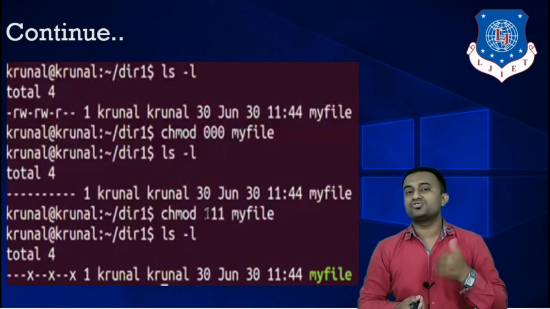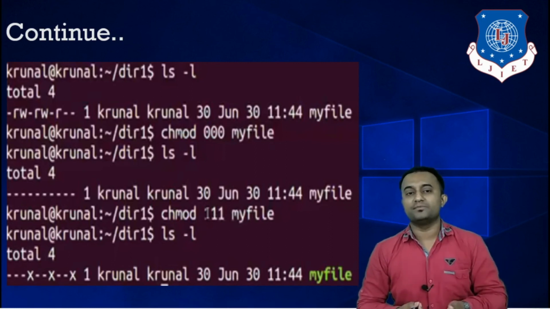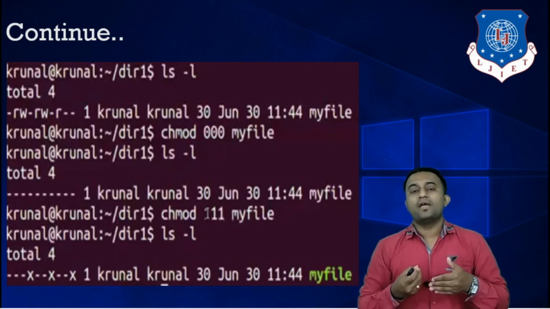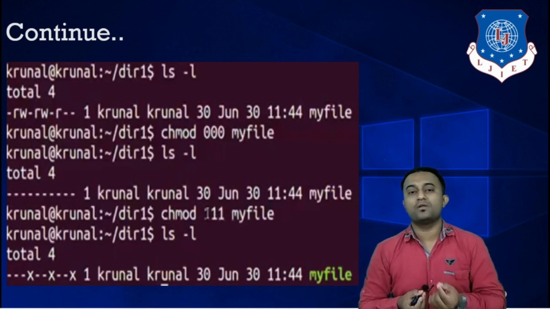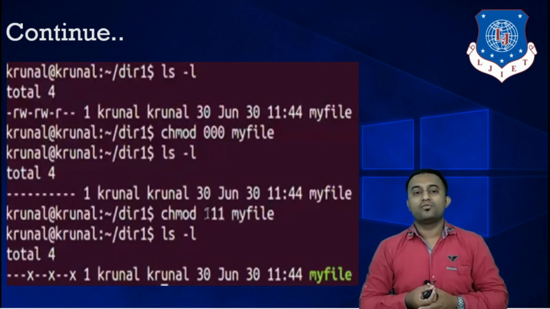Okay, if I want everybody to be able to execute that file, but read and write permission should not be there, I need to fire chmod 111 myfile. In that case only execute permission would be there.